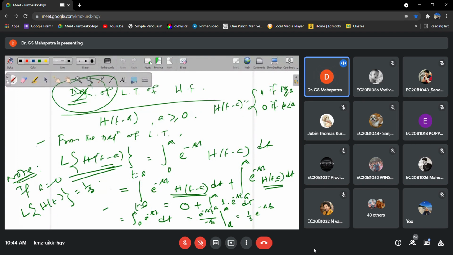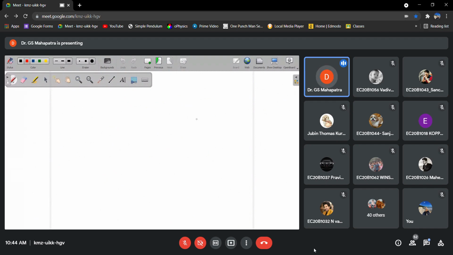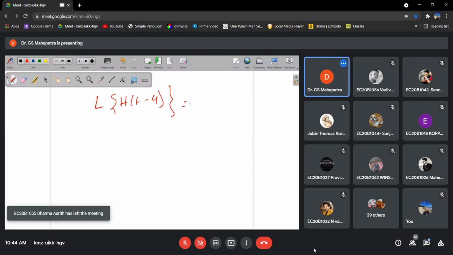Okay, next. Roll number 45. Laplace transform of h of t minus 4. What is the answer? Roll number 45. We just see how many people are coming.